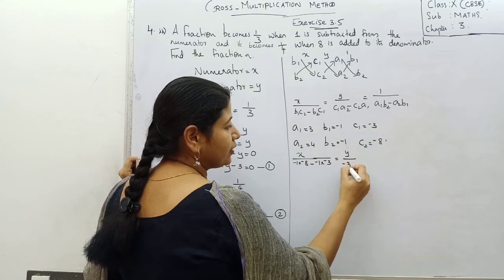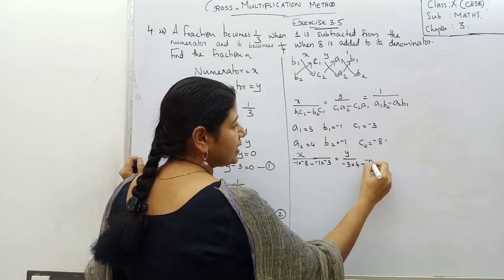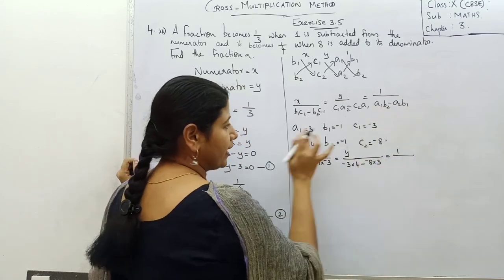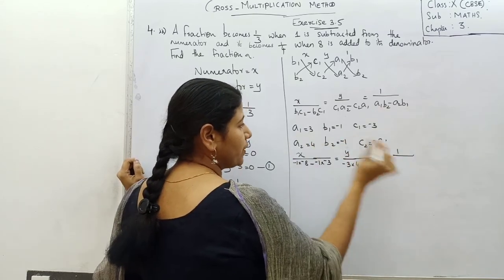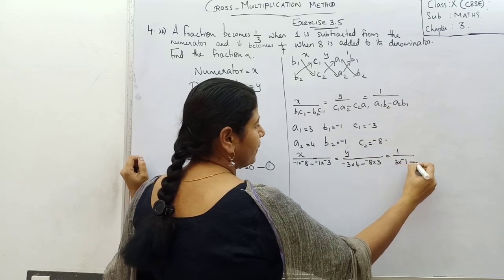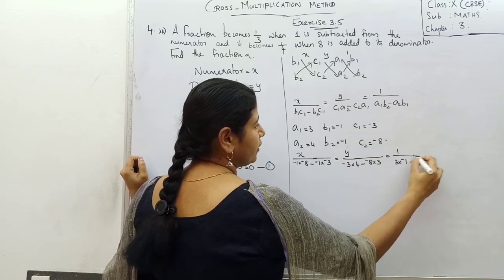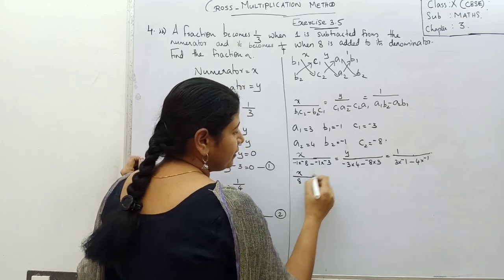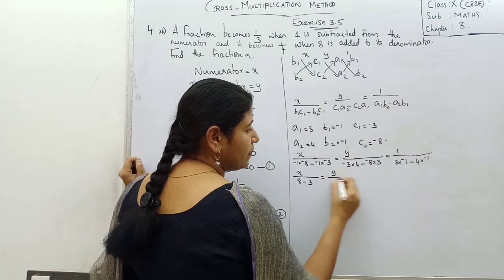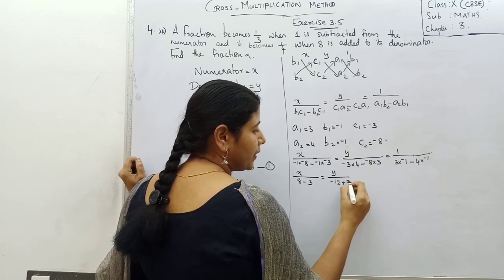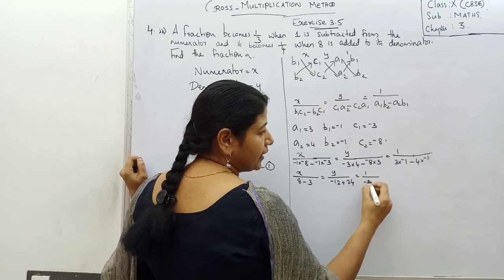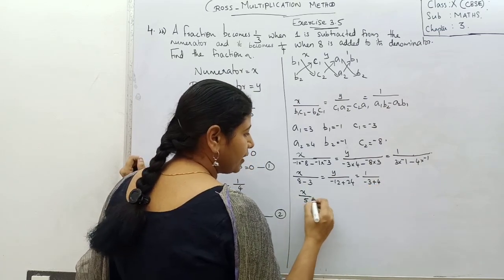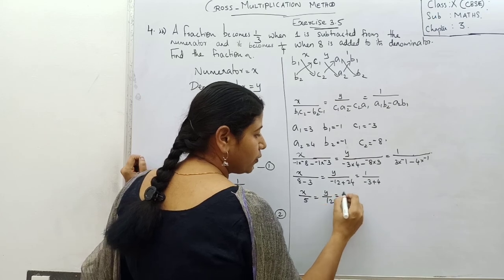That means negative 3 into 4 minus negative 8 into 3, equal to 1 by a1 b2 minus a2 b1, which is 3 into negative 1 minus 4 into negative 1. So we will get x by 8 minus 3, y by negative 12 plus 24, equal to 1 by negative 3 plus 4. So we will get x by 5 equal to y by 12 equal to 1 by 1.